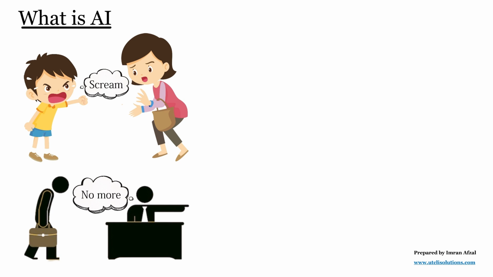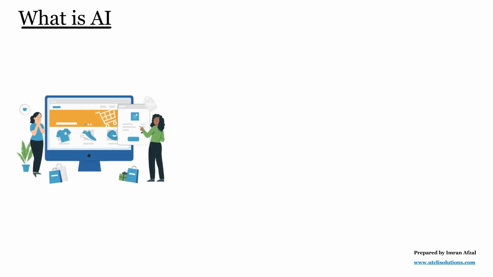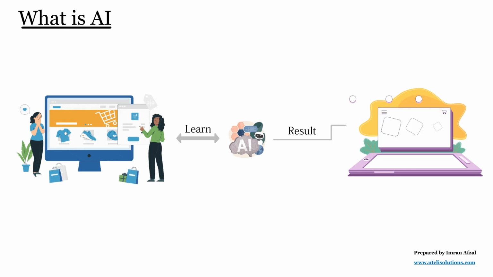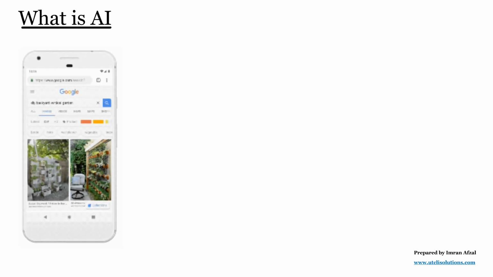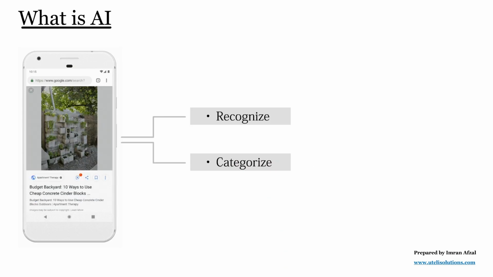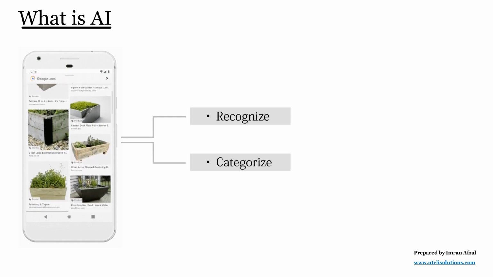So machines learn the same way. For example, if you visit a website that sells shoes, then your internet AI learns that you like shoes and it will show you shoe related websites or ads, right? Another example is your smartphone photo app. It learns to recognize and categorize faces or places by analyzing many images, just like you learn to identify friends in a photo.